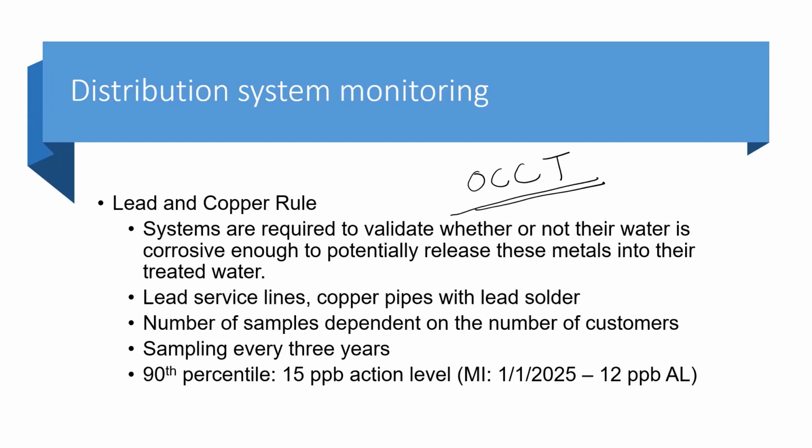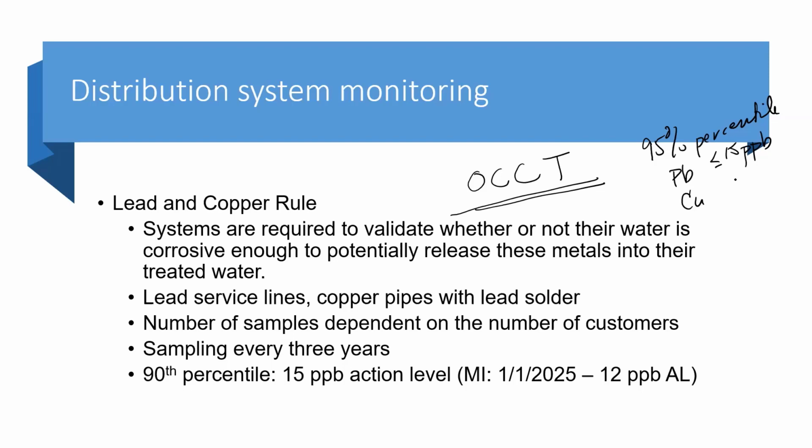What's used for that is the 95th percentile for lead and copper. Lead must be less than or equal to 15 parts per billion. The action level for copper is 1.3 milligrams per liter. Lead's the one we tend to be concerned most with because it's a neurotoxin.